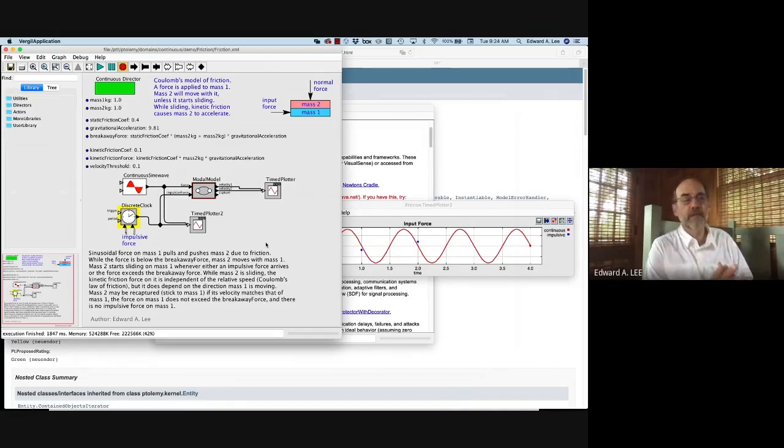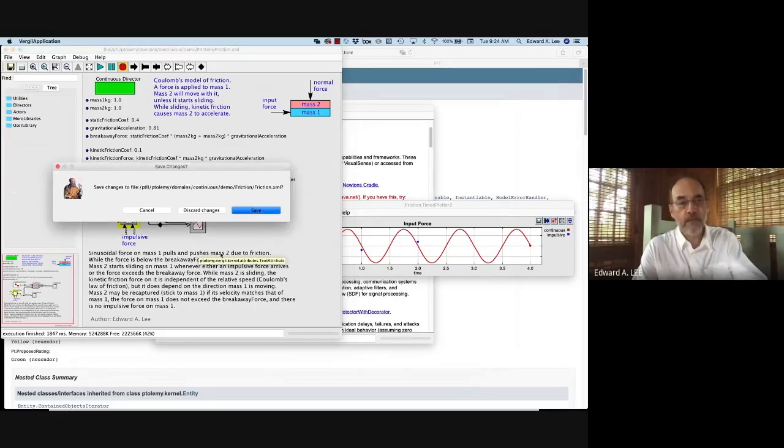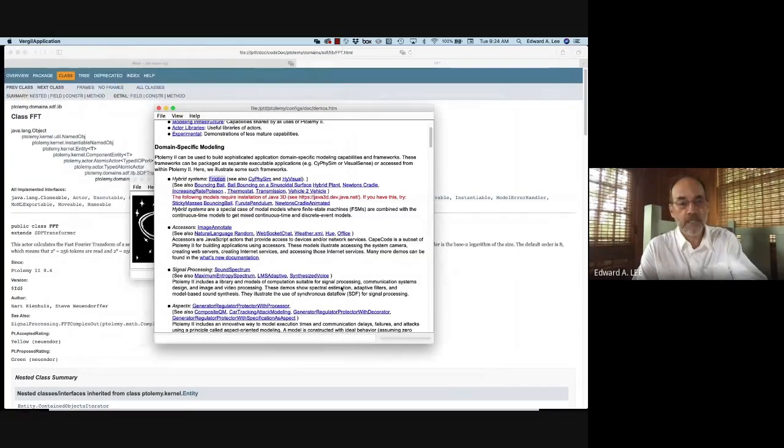The period of the samples will get very fine, and the entire model will bog down, even the parts that are not stiff. And in Ptolemy, you can separate out these parts and run them using different solvers and compose them hierarchically. So those two mechanisms enable you to build models that I think are a bit more robust than what you can do with some of the other solvers.